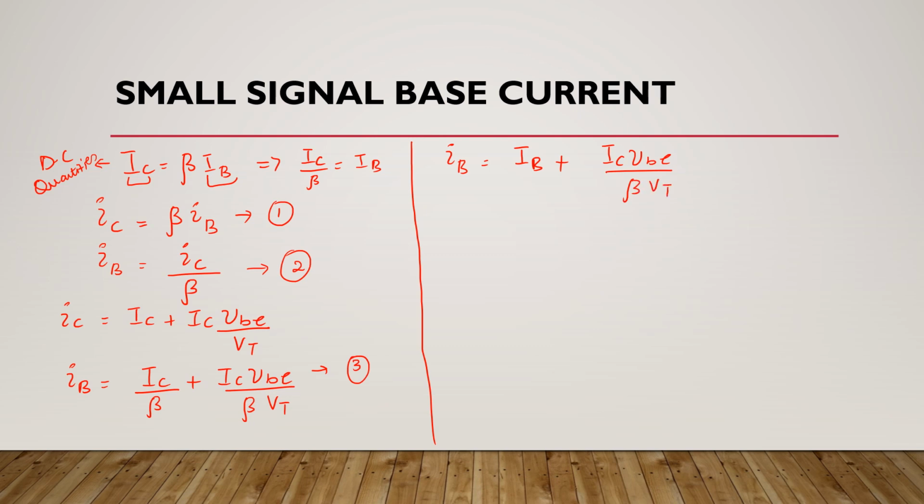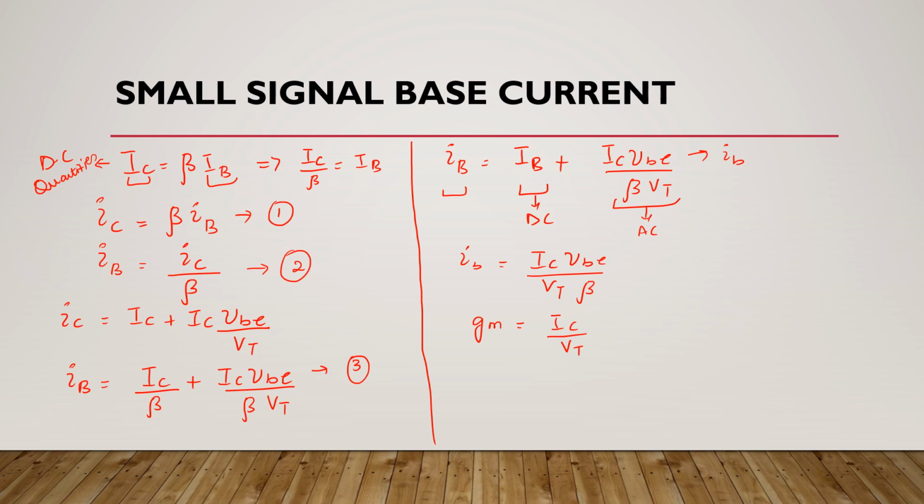Now we know that this instantaneous base current is the sum of this DC quantity and this AC or time varying quantity. It means this is the small signal base current, which is equal to IC vBE divided by VT beta. Now we know that transconductance is equal to IC divided by VT.